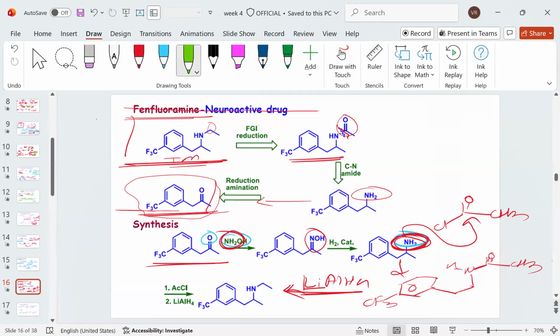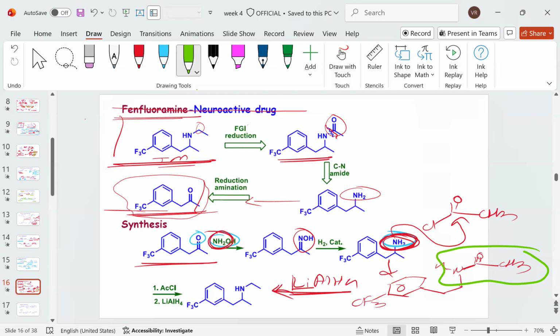If you want to reduce this amide, what can we do? Here there was a methyl. Reduction of this amide gives the amine, so that's our target molecule, right? I will quickly show the reduction reactions, because here you need to understand the different reduction reactions as well.